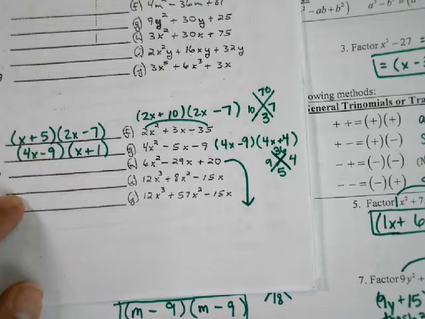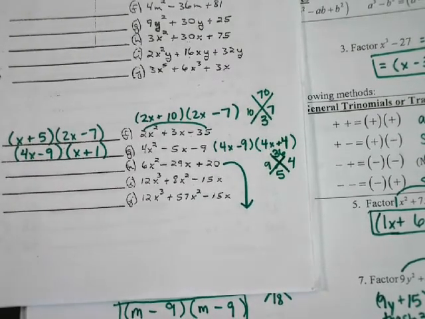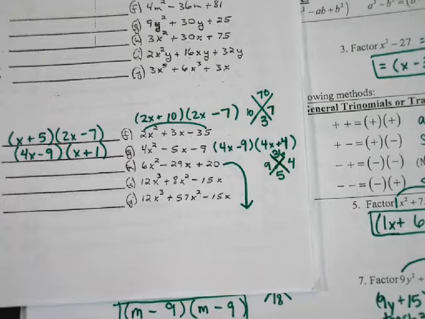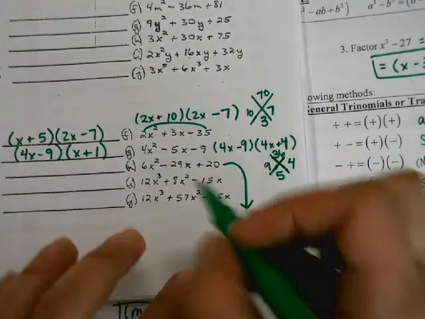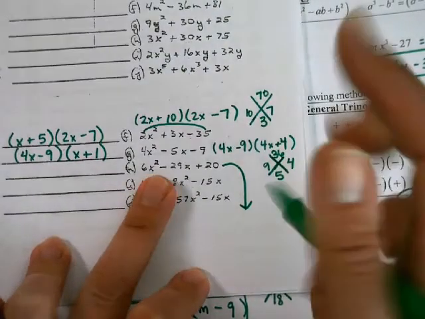Then I have 6x squared minus 29x plus 20. Do they have anything in common? No? Okay. I have a minus and a plus, so my answer is going to be a minus and a minus.